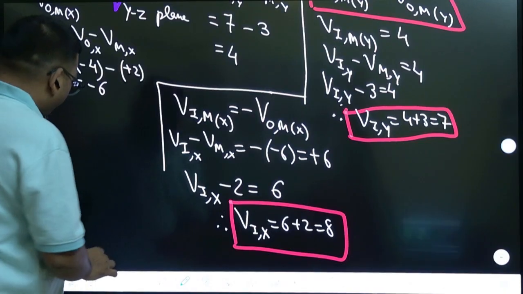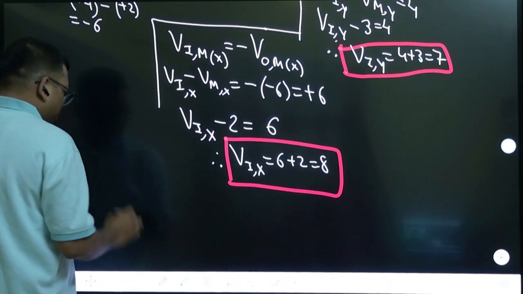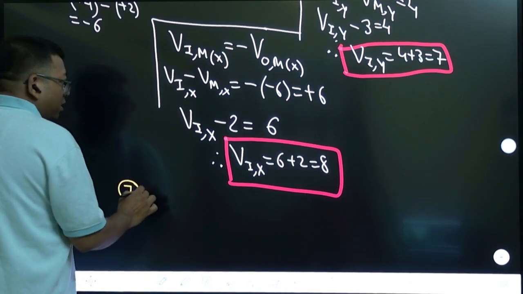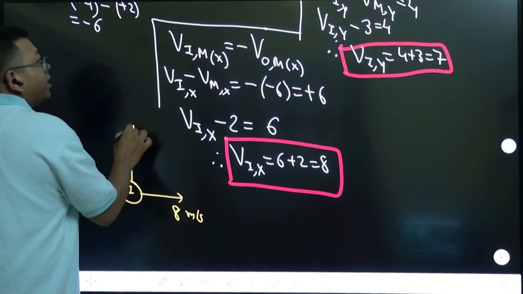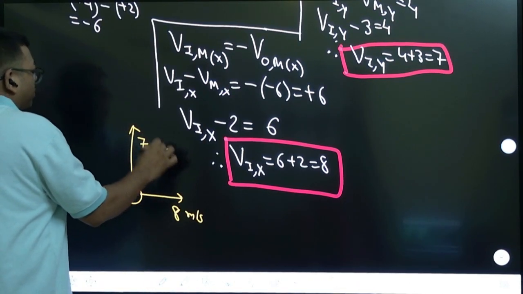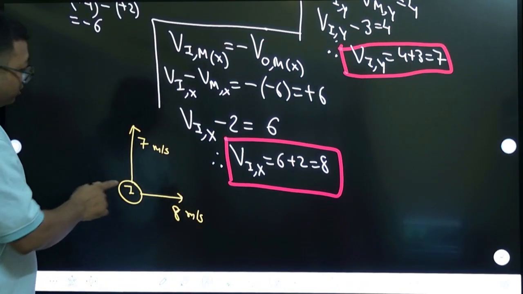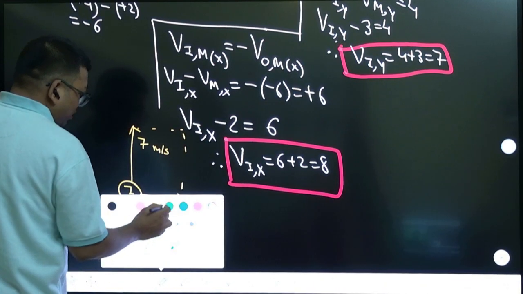Clear? So now finally we can say we got the answer. We got image. Image is moving along x axis with a speed of 8 meter per second and along y axis with a speed of 7 meter per second. This is the actual velocity of image. You can calculate actual velocity vector may come like this direction.